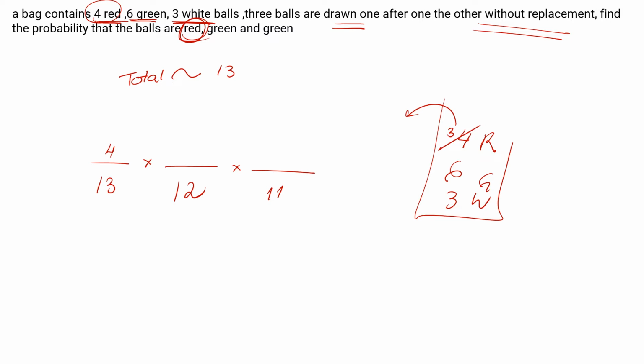Now what is the possibility of getting the green ball in the second chance? In the second, 6 green balls. Now you draw a green ball and you are left with 5 green balls. Again, what is the possibility of choosing the green ball in the end? There are 5 green balls in the bag.